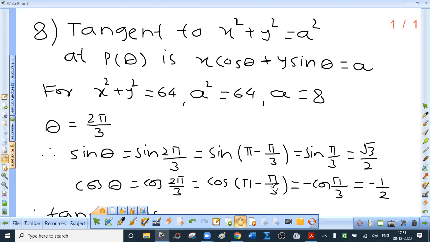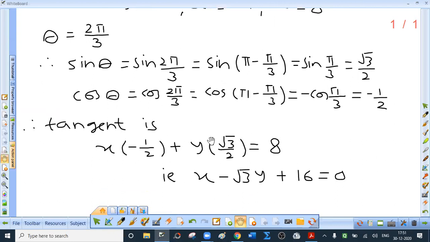Somebody is asking why not 180 − 120? See, is 120 equal to 180 − 120? No, 120 degrees is 180 − 60. That is why, what is cos of (180 − θ)? Minus cos θ. Minus cos 60 degrees is minus half.